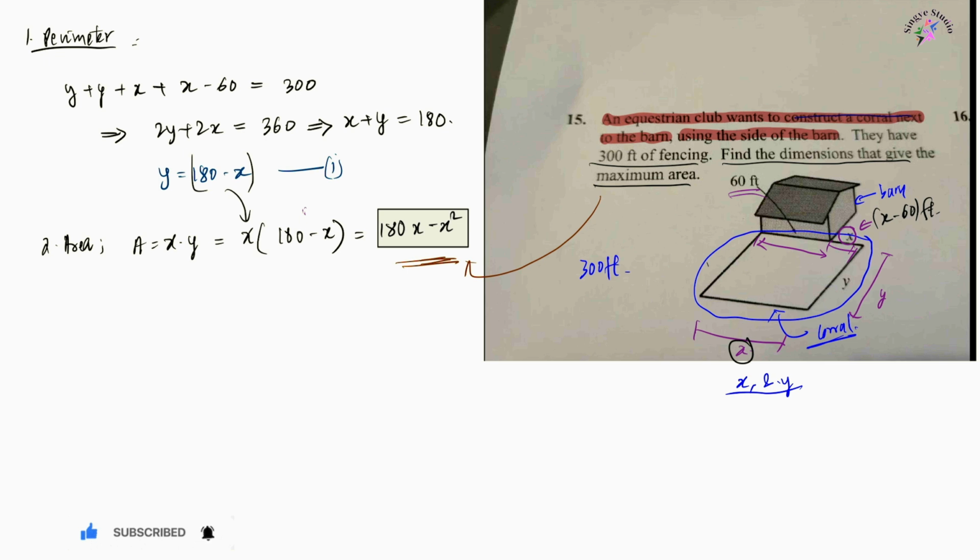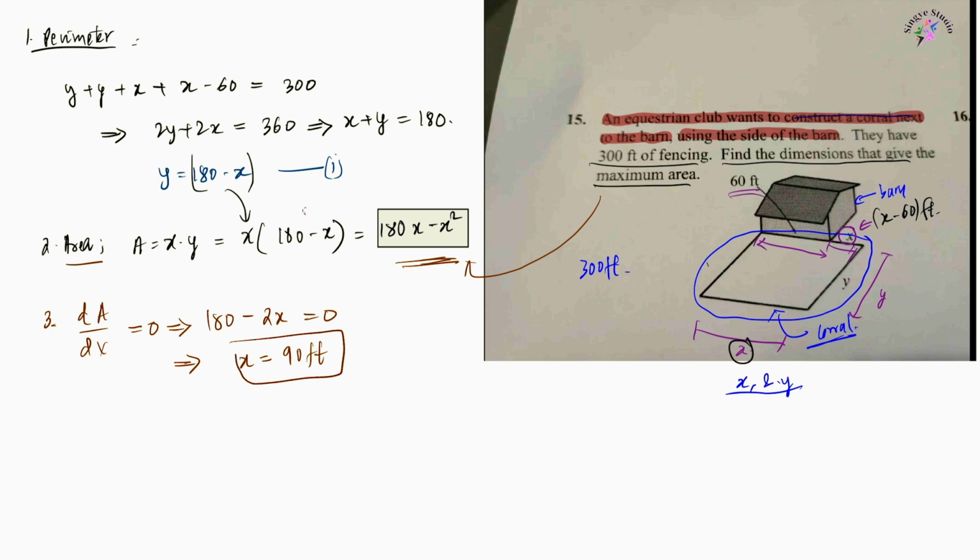To maximize this, we have to equate the first derivative of this function to 0, right? So we have dA over dx equal to 0. We get 180 minus 2x equals 0, and we get x equals 90 feet.